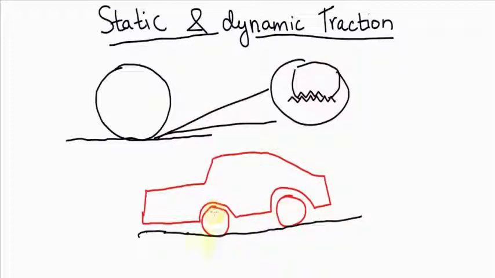There is no power transferred to the front wheels. So the traction between the front wheels, that is the non-driven wheels, and the road surface is the static traction, whereas the traction between the road surface and the driven wheels is the dynamic traction.